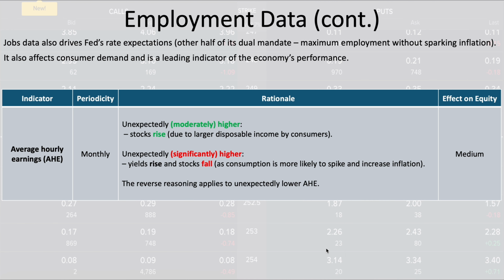The average hourly earnings have an interesting interpretation, because if it comes unexpectedly higher, but slightly or moderately higher, stocks tend to rise, because that means consumers have a larger disposable income, but it's still less likely to spark inflation and, by extension, interest rate increases by the Fed, and that's why stocks for the most part tend to rise.